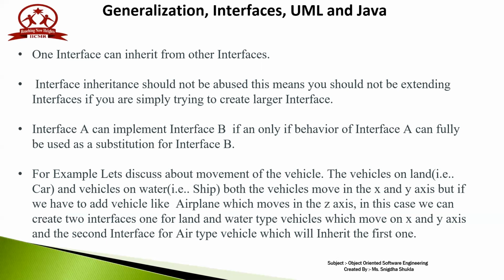The land and water type vehicles move only on the X and Y axis, whereas the second interface, that is the air type vehicle, will inherit the first one, so that the air type vehicle will get the X as well as Y axis, and the Z axis is already defined in the air type vehicle. So like this, we can achieve inheritance here.